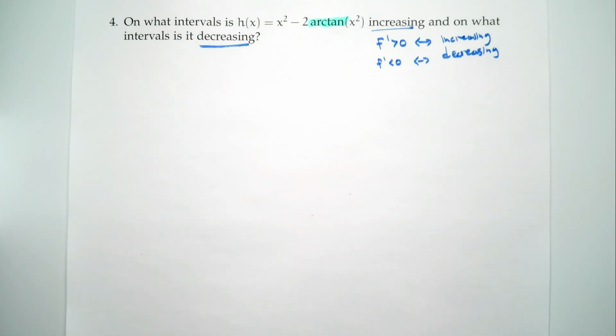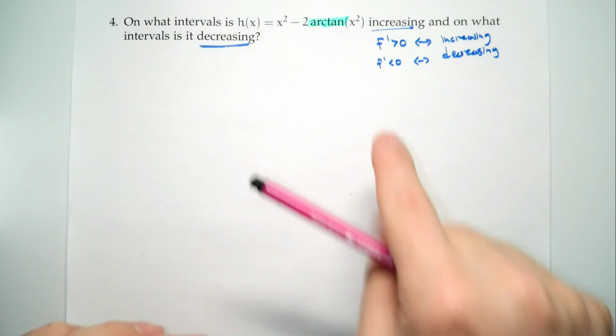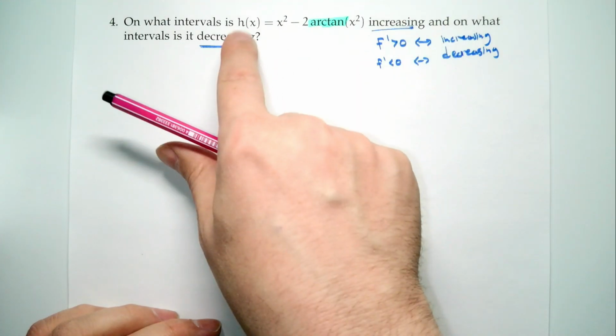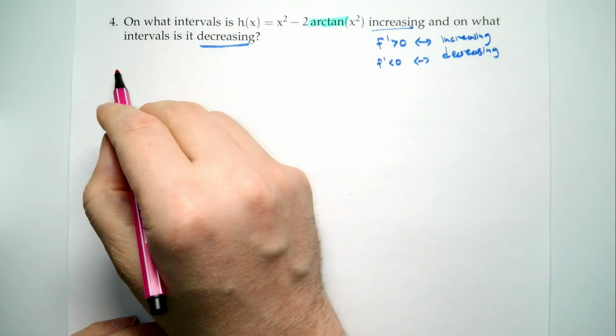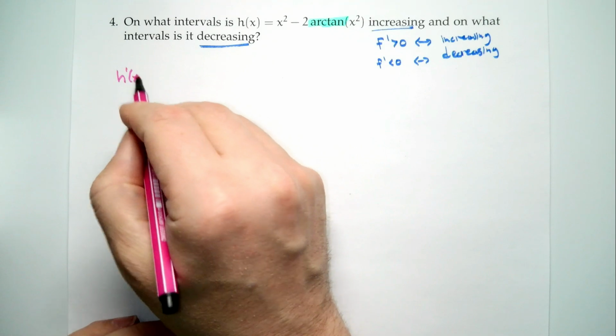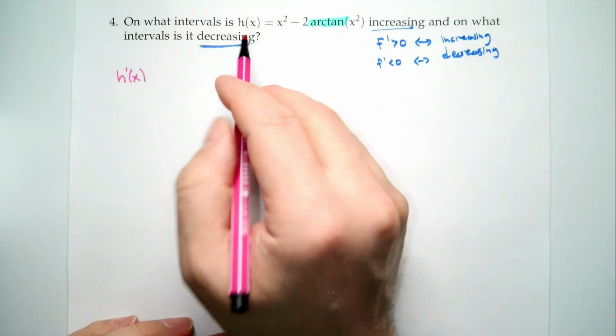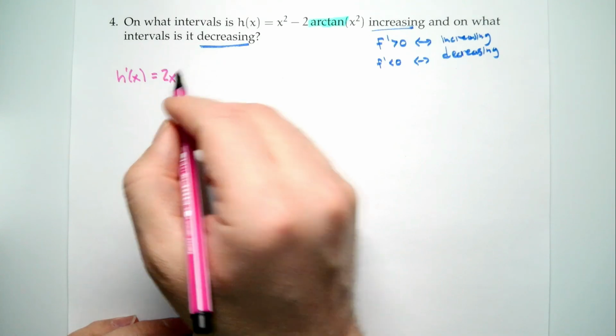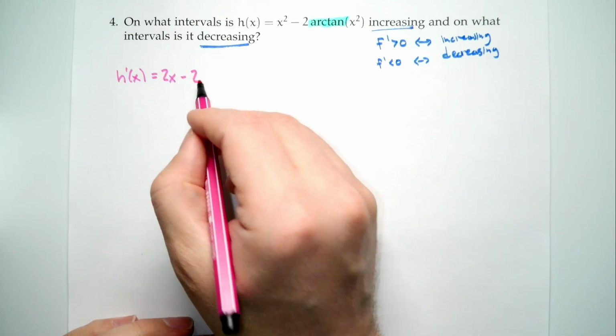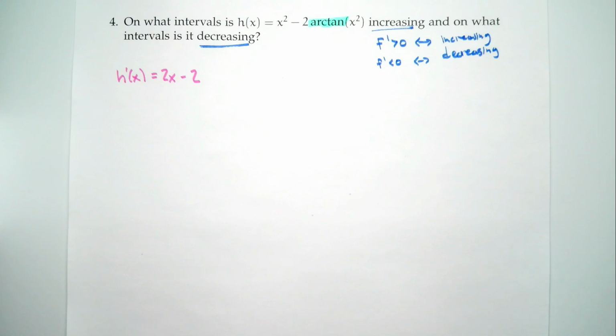So let us begin. Well, we need to understand the derivative. I wrote f, but I should have written h. Oh, that's okay, close enough. So let's look at h prime. What is the derivative? Well, the derivative of x squared is 2x. And minus 2. Now we've got to take arctangent.